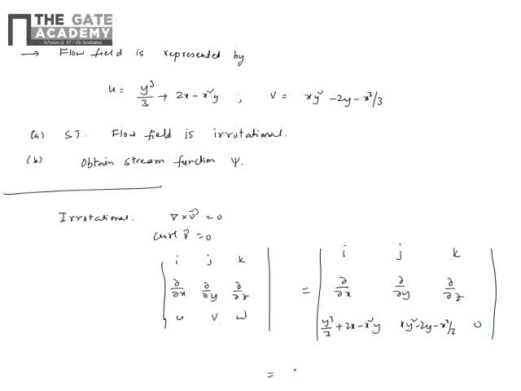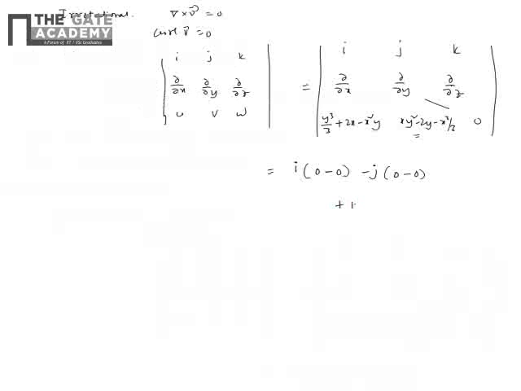So if I find this, the i term is dou by dou y of 0 minus dou by dou z, and you don't have any z component here, so 0. Minus j, dou by dou x of 0 is 0, dou by dou z of this, there is no z component, so 0. Plus k, dou by dou x of this.